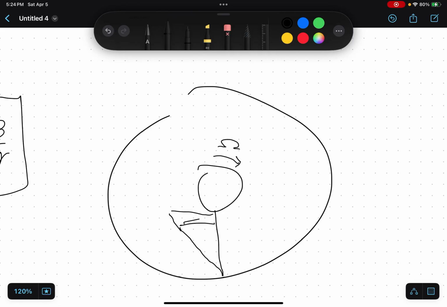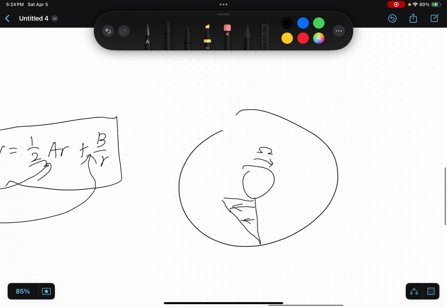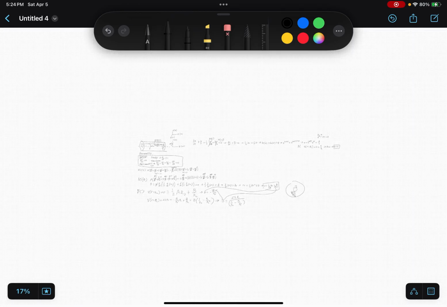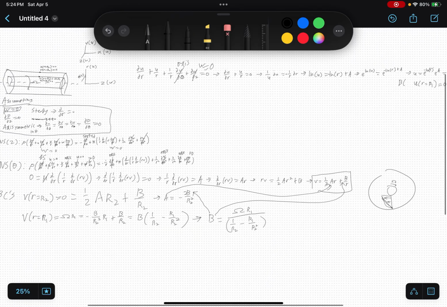So it went in the right direction. It was not a line, it was a weird curve or something, but it went in the right direction and looked fine, so I'm guessing it's fine.